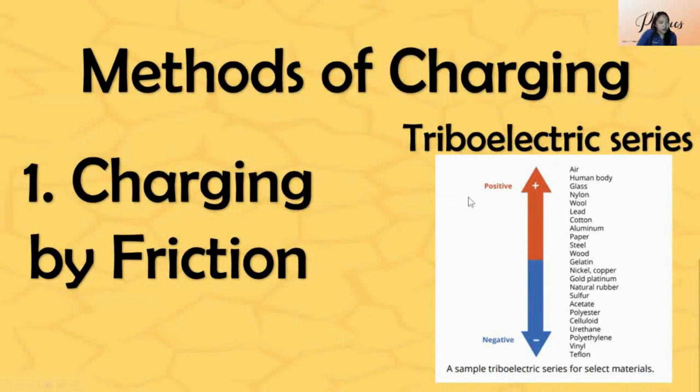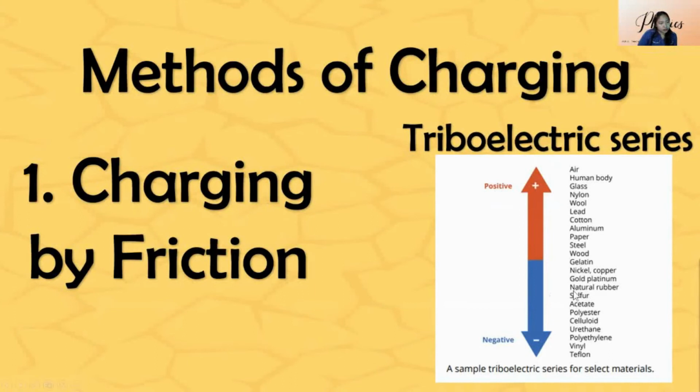So as we see here, as we go downward, it will give us a trend of increasing electron affinity. As we go upward, that's decreasing electron affinity. So glass here shows that it has more tendency to become positively charged than negatively charged. Cotton here has more tendency to become positively charged than negatively charged.